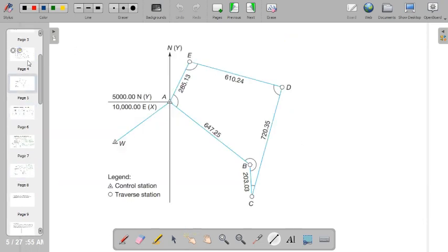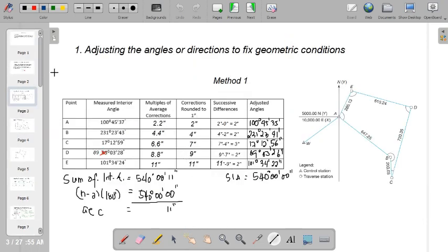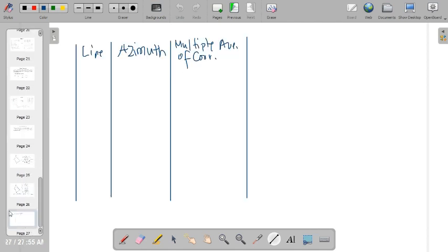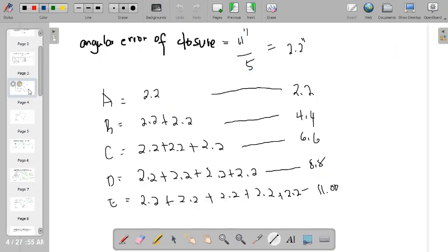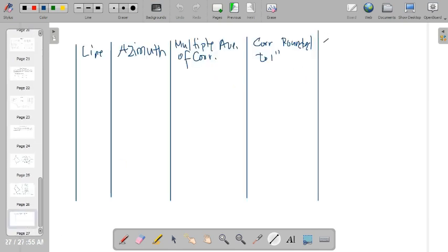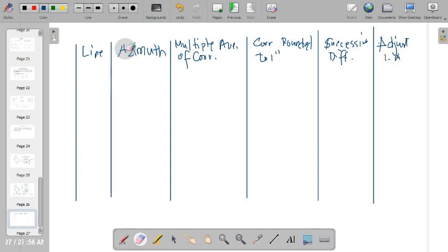So corrections rounded to the nearest second, then you have successive differences, and finally you have the adjusted angles. By the way, this is interior angle, so we will change the first column to interior angle, and this is point.